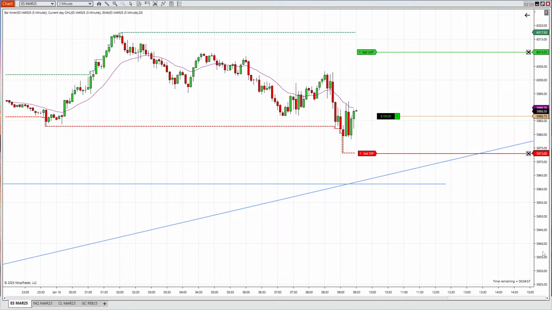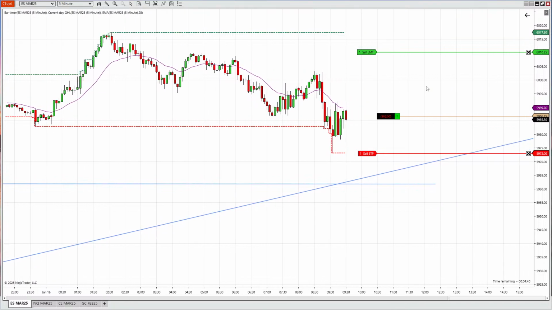Okay, not the worst bar. It's not incredibly significant though. We need to break this level and have a good break of it for it to be more significant. We also need to break this moving average here. So this is still more indicative of a range.